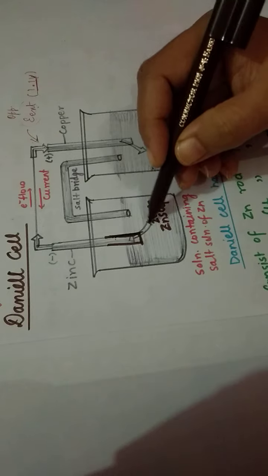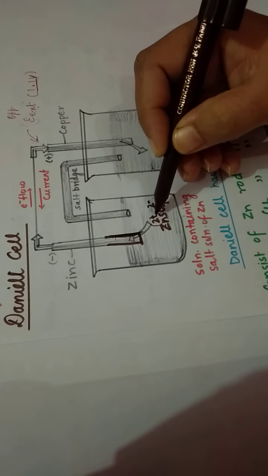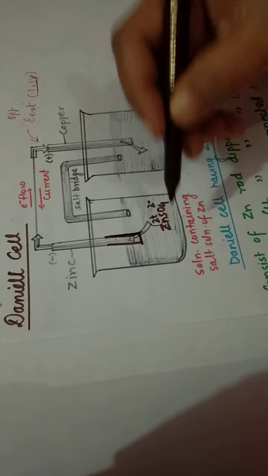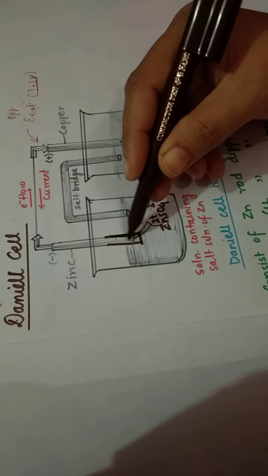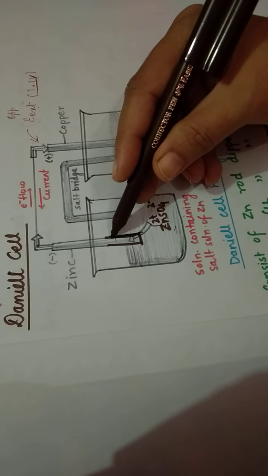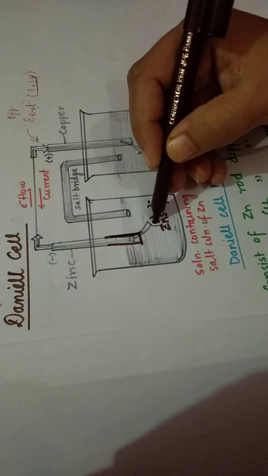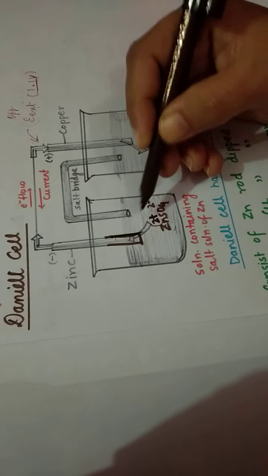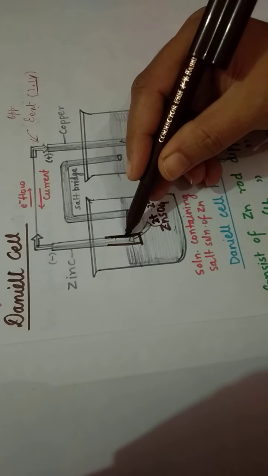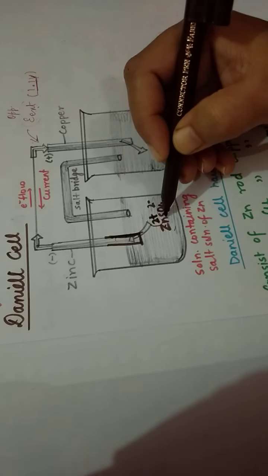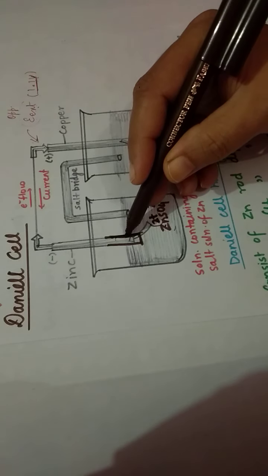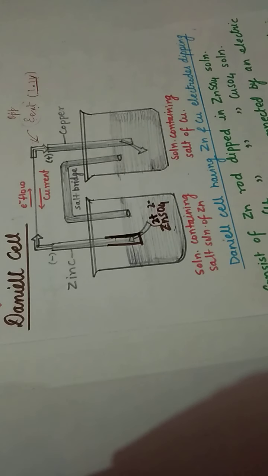So when this Zn2+ from the solution deposits on the electrode, it is positively charged, so this electrode will try to become positively charged.